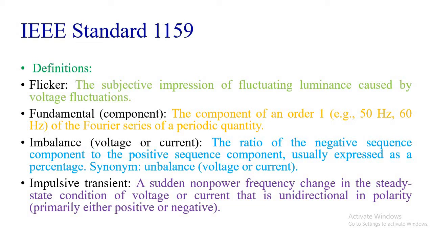Now, next is impulsive transient. It is a sudden non-power frequency change in the steady state condition of voltage or current that is unidirectional in polarity. That is, primarily it is either positive or negative.